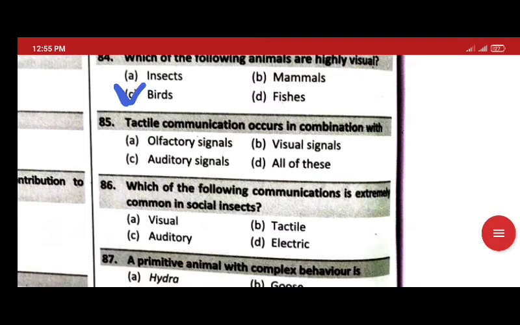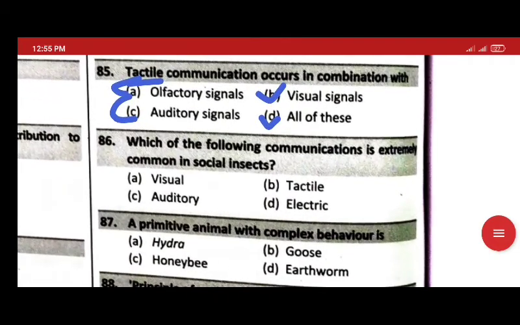So tactile communication can occur in combination with hair, in the nose also, in the ear also. So all of these, and in visual in the eye also. If we see something extra, then we will fear, and that fear makes the hair stand straight. Like this type, you can go.